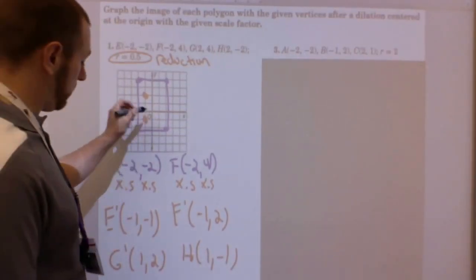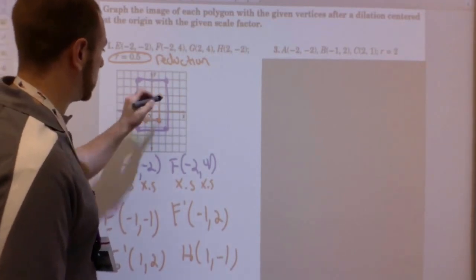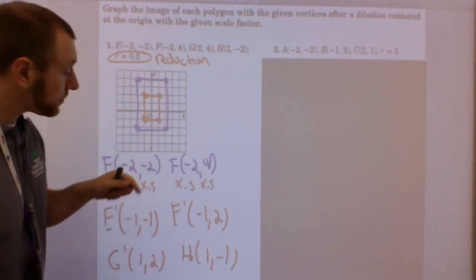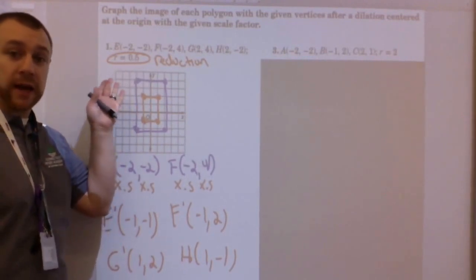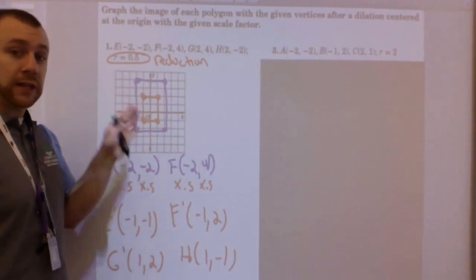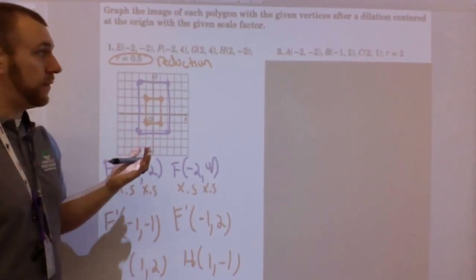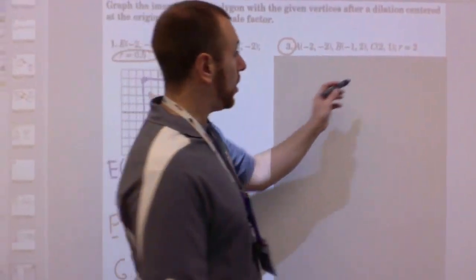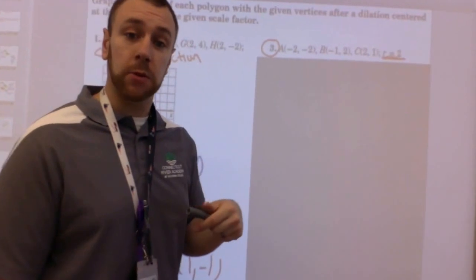And when I plot them, it becomes a smaller rectangle in between. So all I'm doing is multiplying by that decimal. That's always something that you can do to dilate the figure. I'm going to leave 3 for you to do. Again, R is the scale factor, so it's a scale factor of 2, so it's just like example number 1.